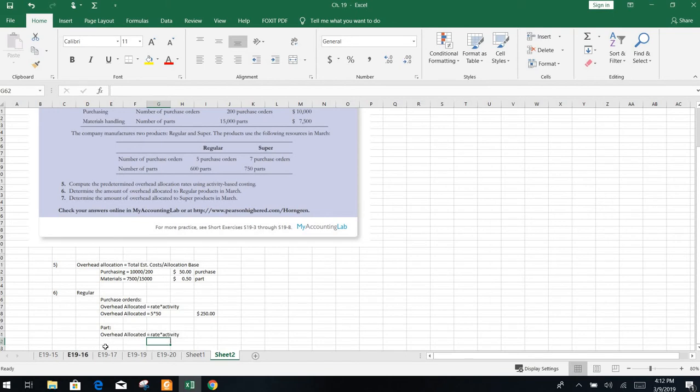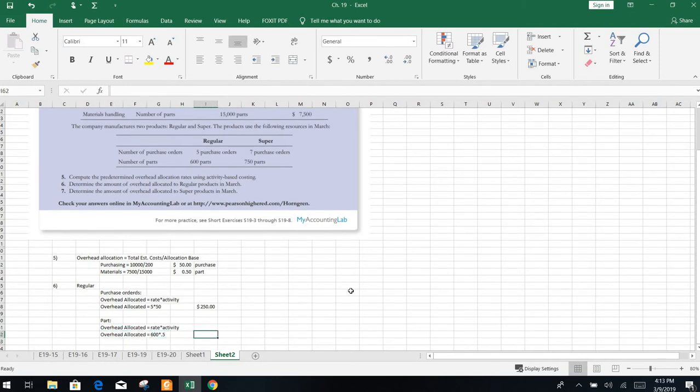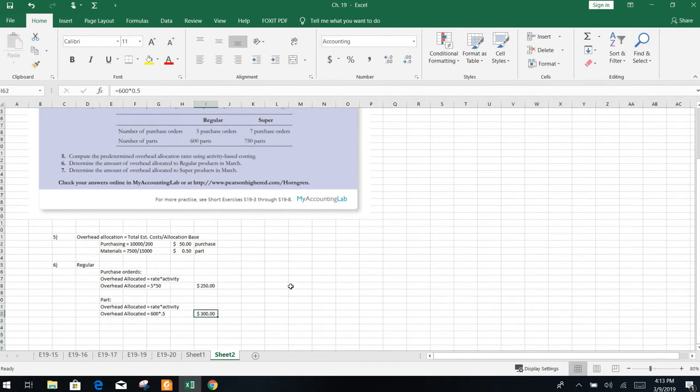So overhead allocated is equal to how many parts did they use? 600. And what was the rate? 50 cents right here per part, 0.5. And I'll go ahead and put that in Excel format. Equals 600 times 0.5, and that's $300. Let's put a value on that.